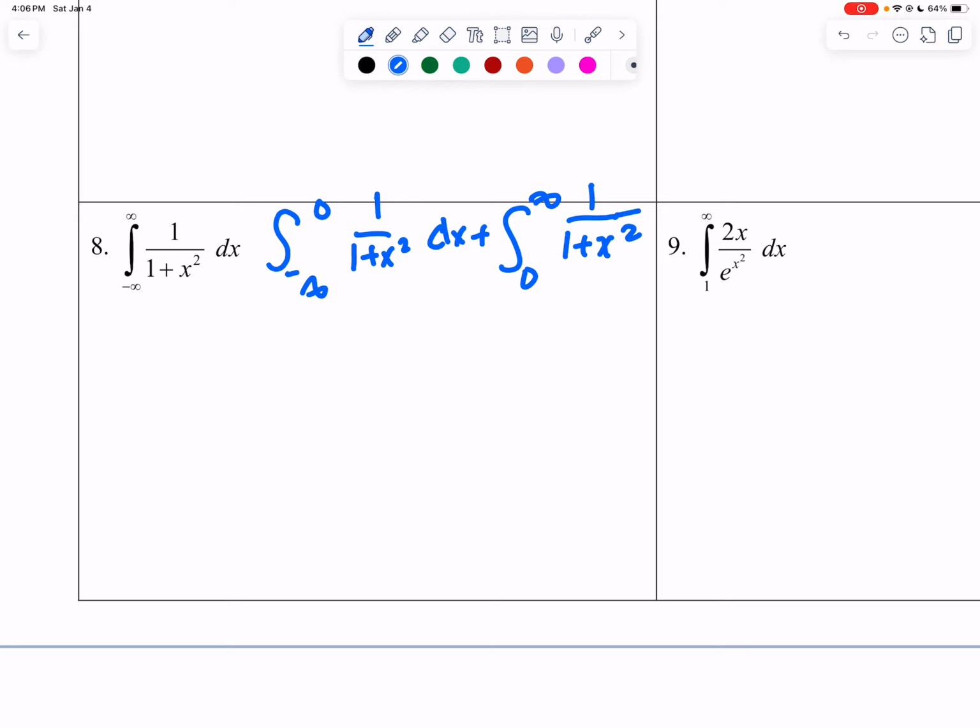You might be thinking, why am I splitting it down at 0 and not like 1 or 2 or 3? And you'll figure out why in a couple of seconds. What I'm going to do here is, since I have 2 integrals, I'm going to do improper integrals twice. One for that one, and then one for this one right here.